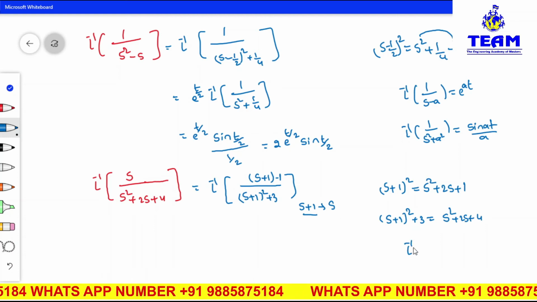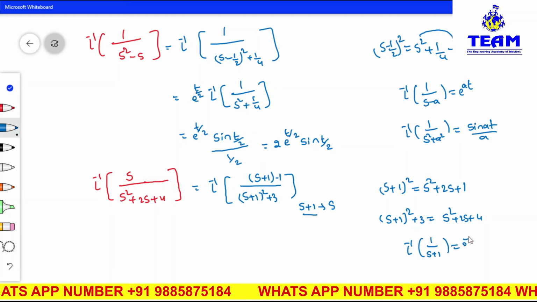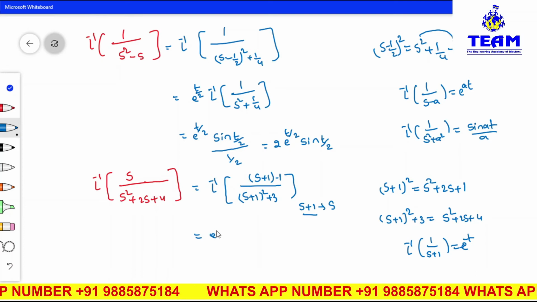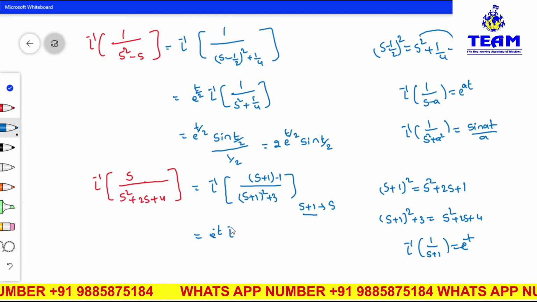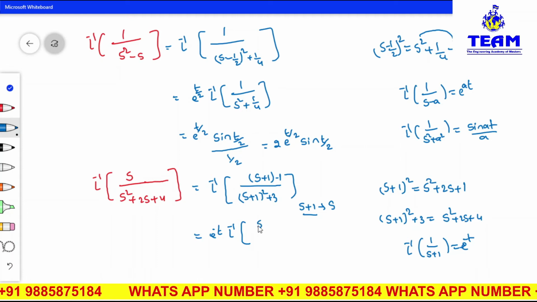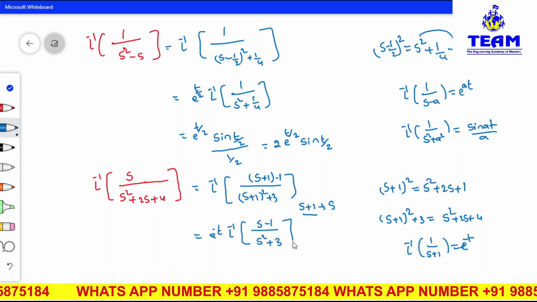We know the formula: L inverse of 1 by s plus 1 is equal to e to the power of minus t. Yes or no? So by using the shifting theorem, e to the power of minus t into L inverse of, in place of s plus 1 what am I writing? s. So s minus 1 by s square plus 3.